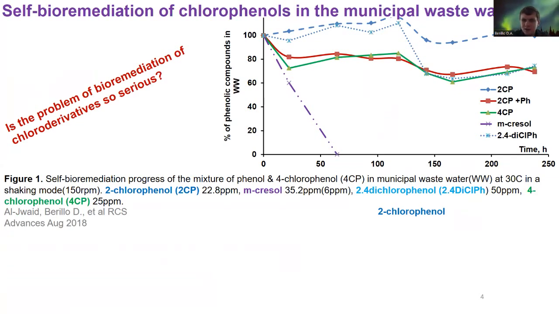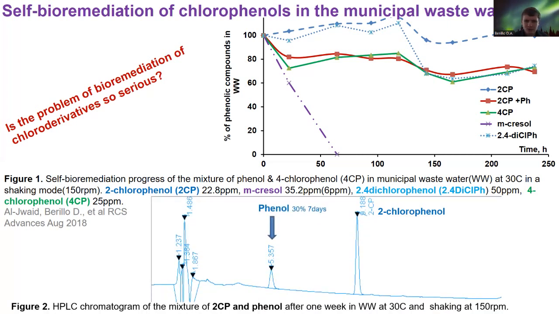However, if we introduce some amount of chloride derivative chlorophenols, then it inhibits degradation of phenols and cresols. So it's toxic to most bacteria, and therefore we need to find a catalytic treatment in order to decrease the concentration of these chlorophenols, to decrease toxicity, and then we can go with bioremediation.